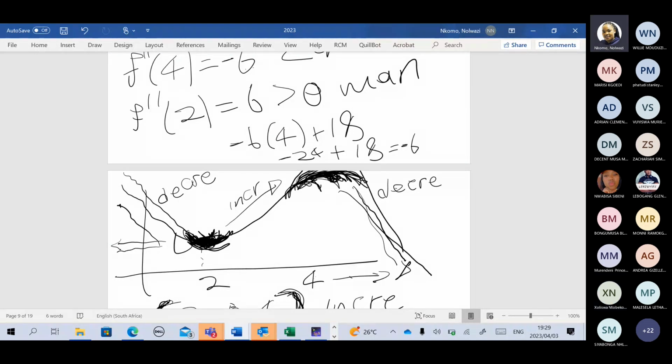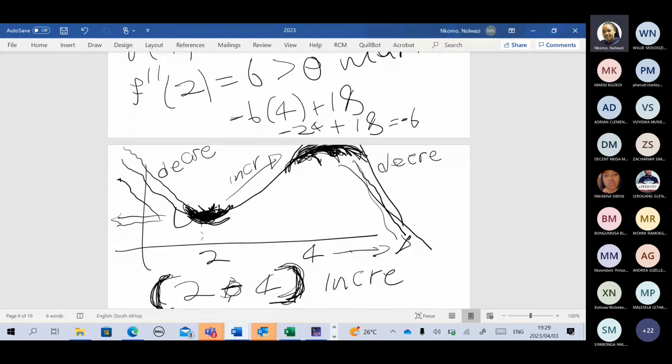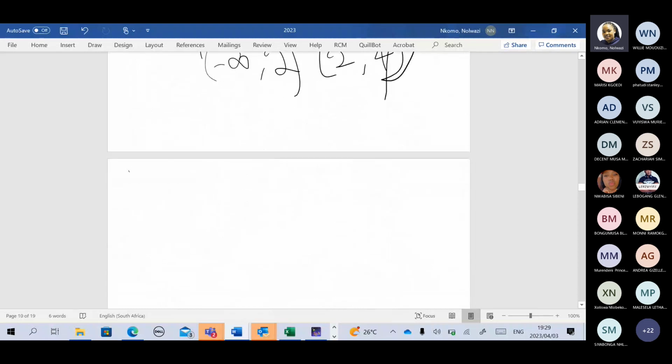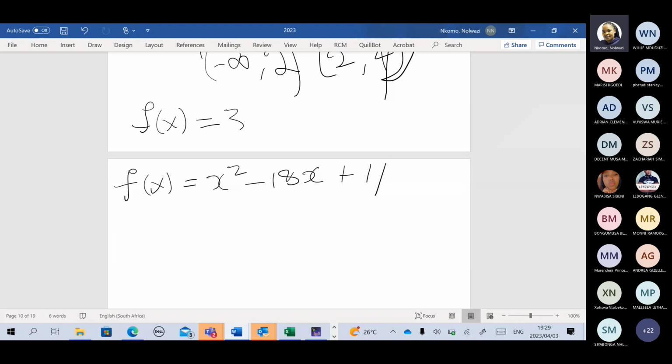Okay, no problem. Please let's try this together. I know we only have 1 minute. F of x equals x squared minus 18x plus 11. Please do this one in your spare time: 3x squared minus 0.1x cubed.